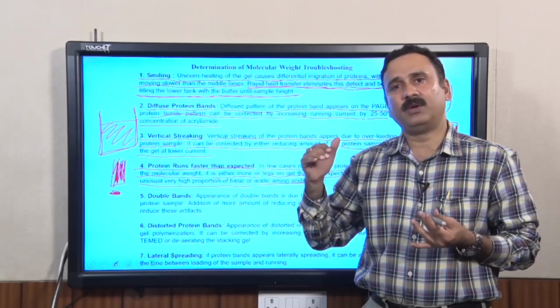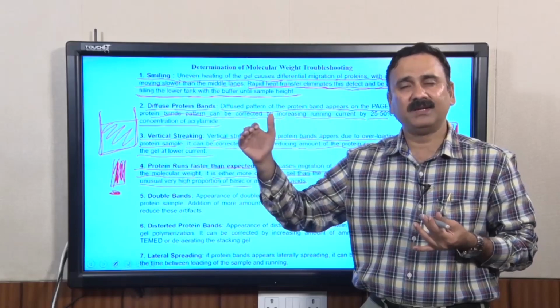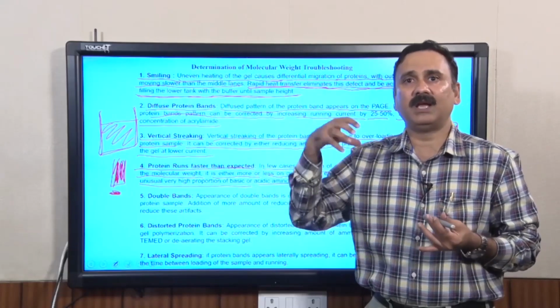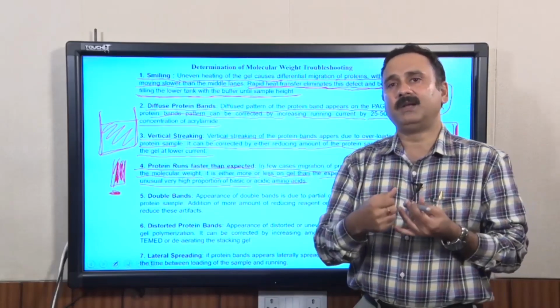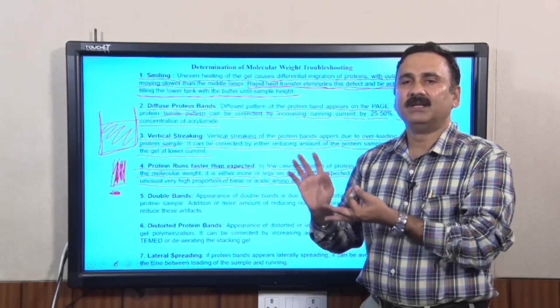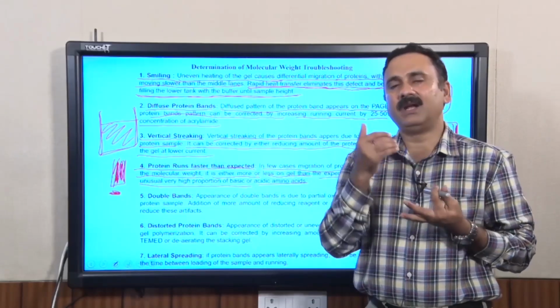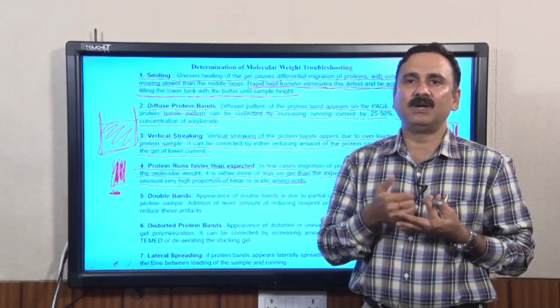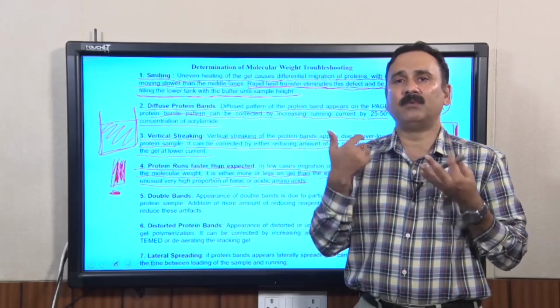This gives it more electrophoretic mobility than it is supposed to have, whereas in some cases the protein contains basic amino acids, and in those cases the net negative charge is less compared to all other proteins, and because of that it runs slower compared to its molecular weight.